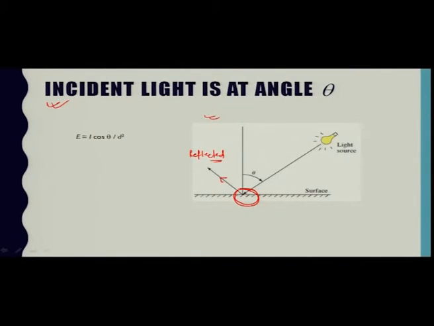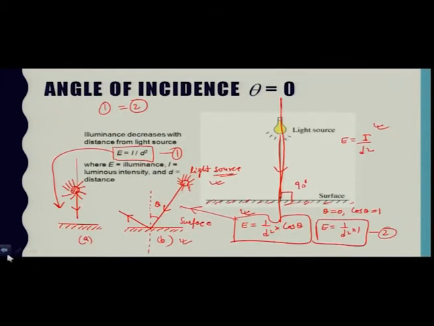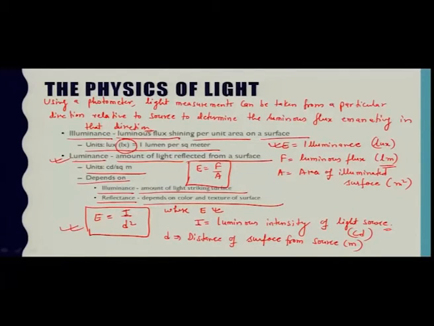The light that is reflected from an object is what allows humans to visually perceive it. So the amount of light reflected from the surface is luminance.